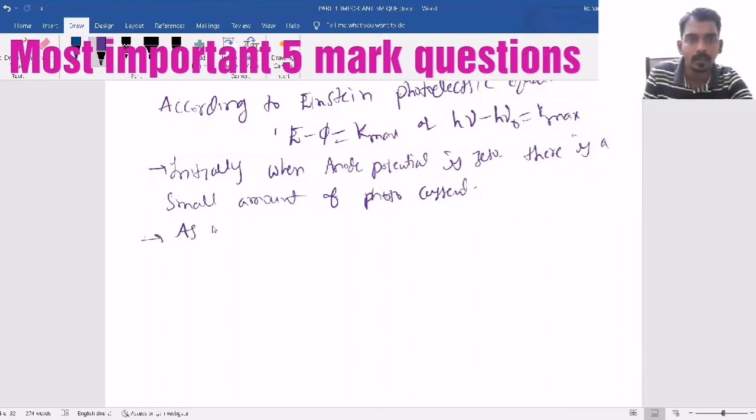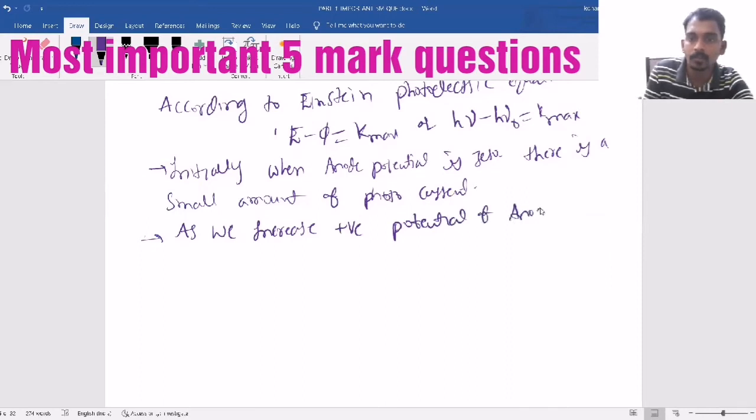As we increase the positive potential of the anode, the photocurrent increases and becomes saturated.